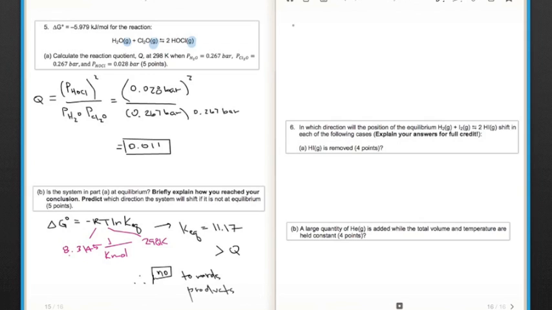So to move on to question 6, I have to remind ourselves of the famous principle proposed by Le Chatelier, which allows us to make qualitative predictions, so as a kind of complement to the quantitative predictions that we were able to perform in problem 5 based on delta G, values for KEQ, values for Q. Le Chatelier's principle is useful in terms of thinking about what direction a system in equilibrium will move in reacting to applied stress.